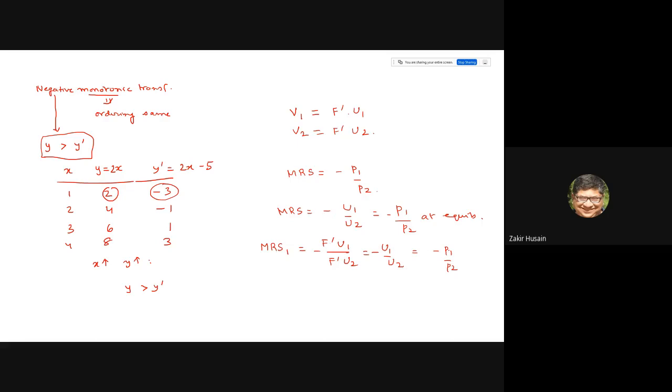If f prime cancels out, I get exactly the same condition as before. Okay, so if we have the same condition, the equilibrium point will also be the same. So if you take a positive monotonic transformation, it will not affect equilibrium.